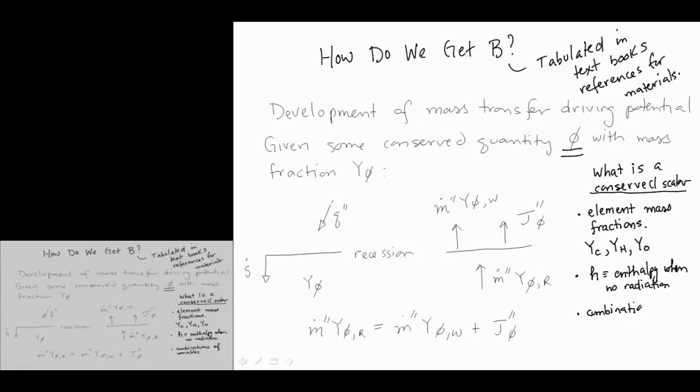Okay, so once we've identified a conserved quantity, and we are now looking at, say, an interface. So this is a condensed phase material in this direction, say minus x, and then in this direction it's gas phase.